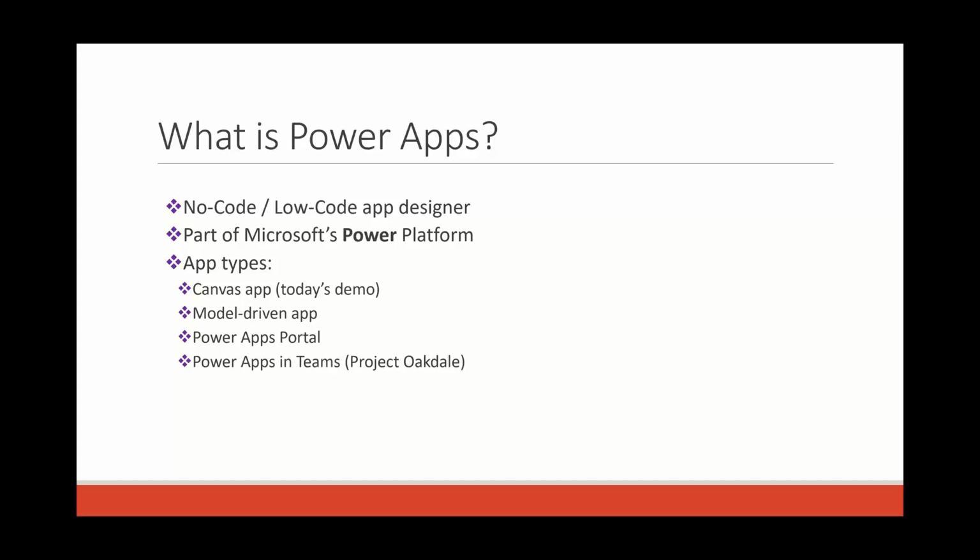And then Power Apps in Teams, which is currently called Project Oakdale, is brand new. It's in preview right now, and it lets you, within a Microsoft Teams channel, create apps that live in that channel essentially and are available to the users who are in that team.